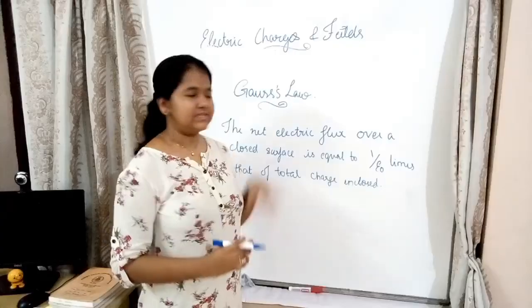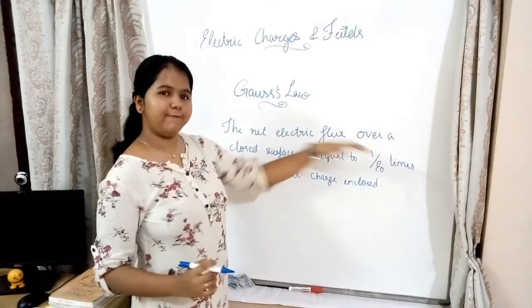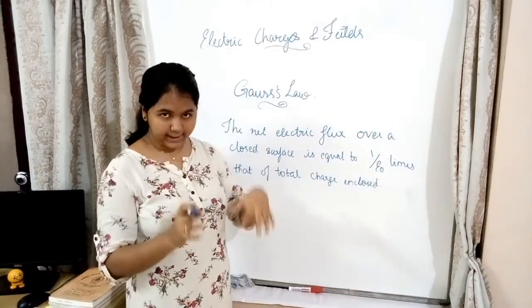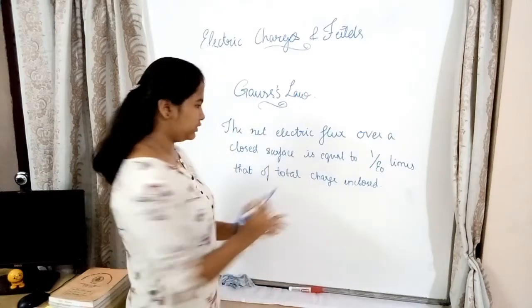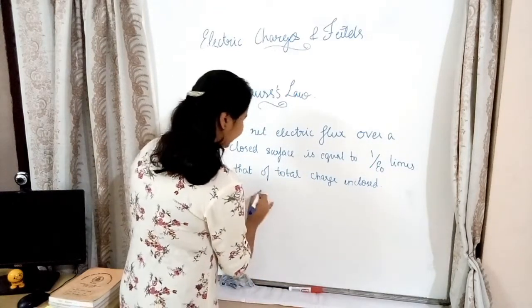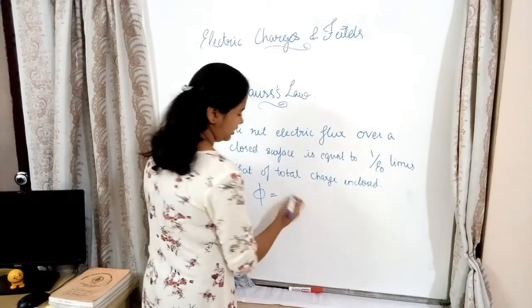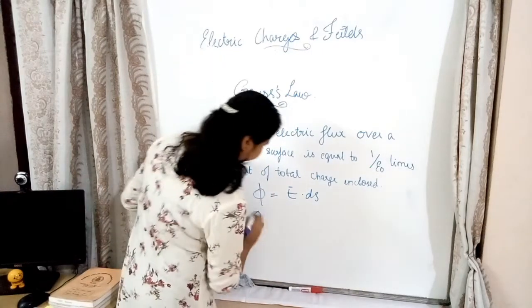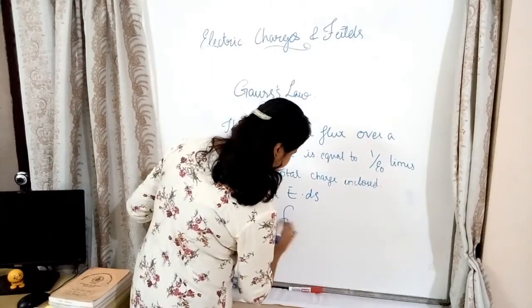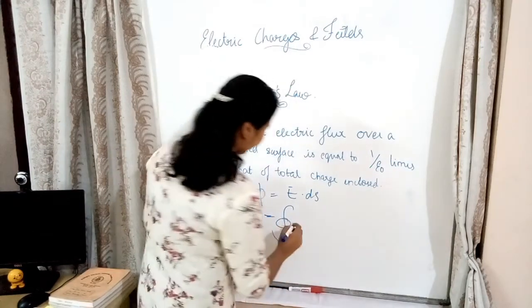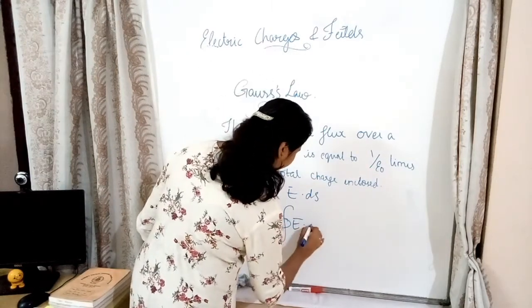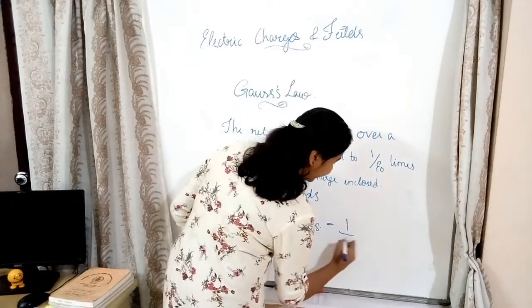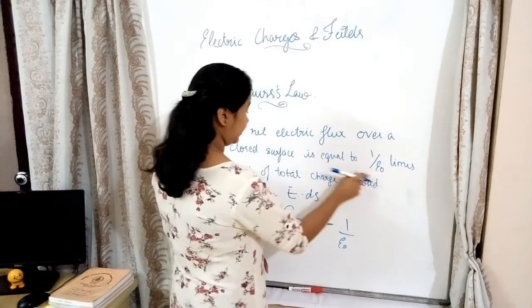Okay. So Gauss's law states the net electric flux over a closed surface is 1 by epsilon 0 times the charge enclosed by it. So let's see the equation. We learned that phi is equal to E dot ds. So for a closed surface, phi is equal to the closed integral of E dot ds, which is equal to 1 by epsilon 0 times the charge enclosed.